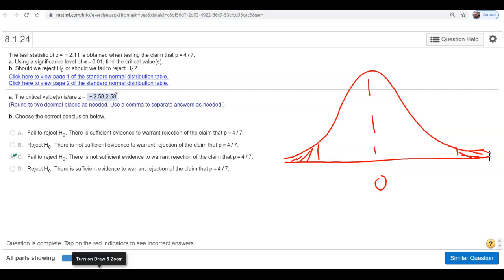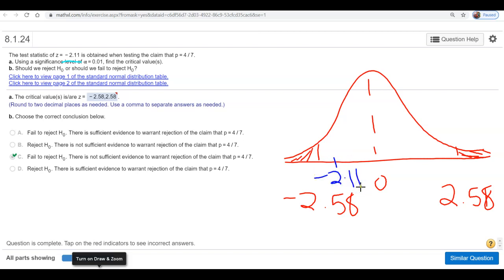So these two numbers are negative 2.58 and positive 2.58. And where do I fall? What's my test statistic? It's negative 2.11. So negative 2.11 would fall about right there.